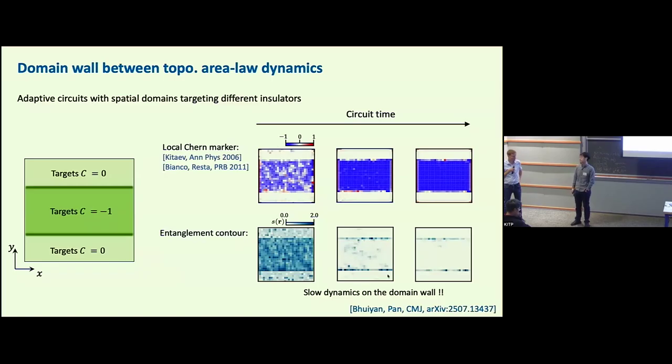So what can be a physical consequence of this difference? Like how can I see the difference? For example, we do have a study, maybe the reference is not on the slides, but we do study the difference between the two.